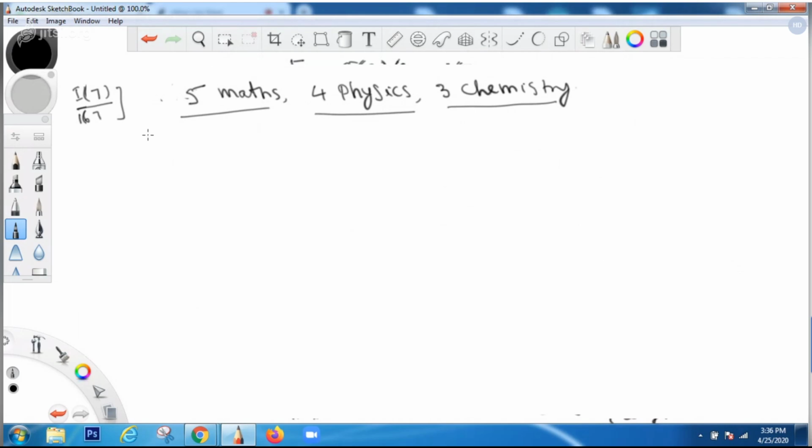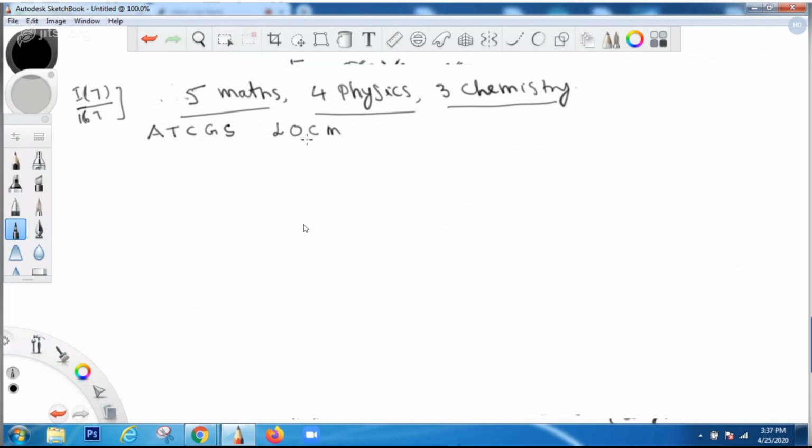5 different math books means we take one is algebra, trigonometry, calculus, geometry, mensuration or statistics. Just take like that. Tell me 4 different physics books: light, optics, current, motion.